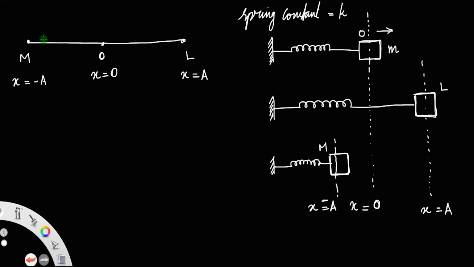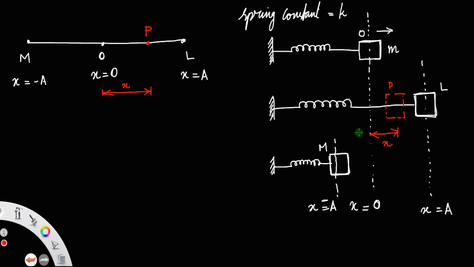And by the law of conservation of energy, let us assume another point somewhere around here. That is a point B at a distance x units from the mean position. If we take another position of the mass somewhere around here, let's call that point B and let that distance be x.